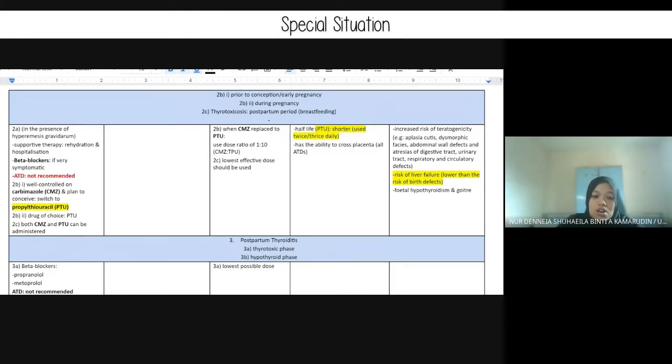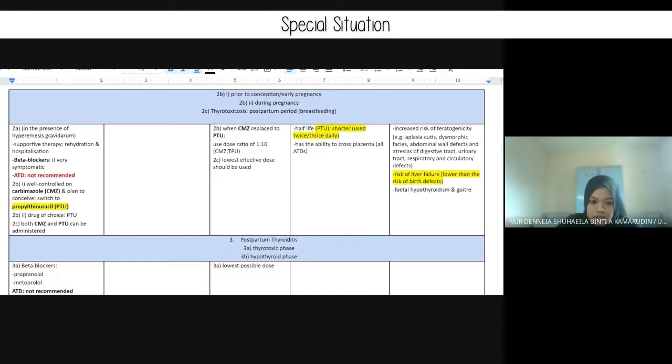Because all of the ATDs have the ability to cross the placenta, it may cause fetal thyroid function to be affected. And this will later cause hypothyroidism and eventually goiter.